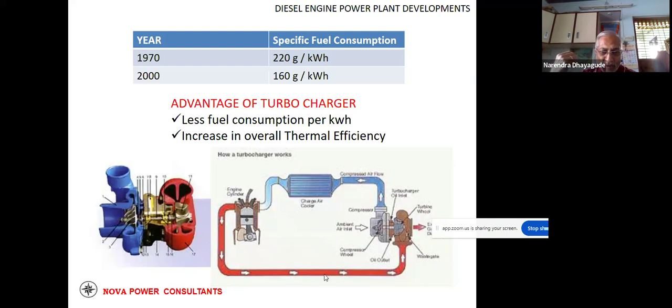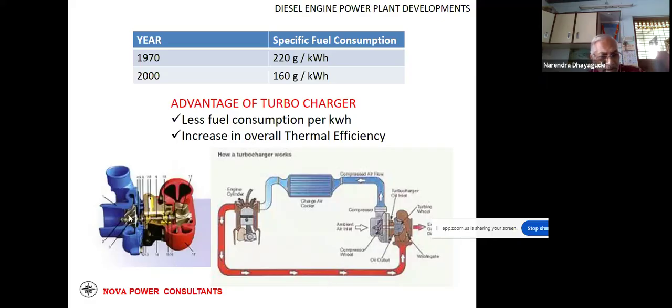Just like when we see weightlifters, or even from our own experience, when we are lifting some heavy weight, we take a deep breath. So air intake is much more, it is compressed air, we hold the breath and do heavy work. So the same system happens here.